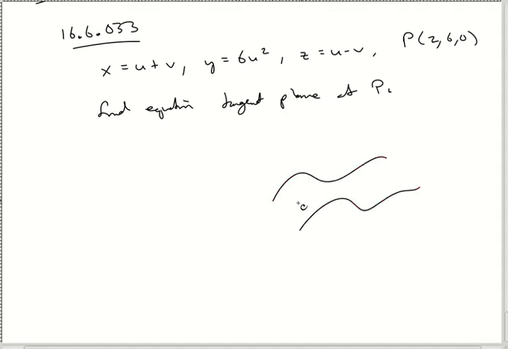I have no clue exactly what this is going to look like, but let's just say I've got some kind of surface. That's definitely not what it looks like. Something like that, kind of like a waving flag or something. Cool, that's good enough. Okay, so let's just say I have a point P right here, and I want the tangent plane for that. It's definitely not going to be perfect, but it's going to approximate anything around it.